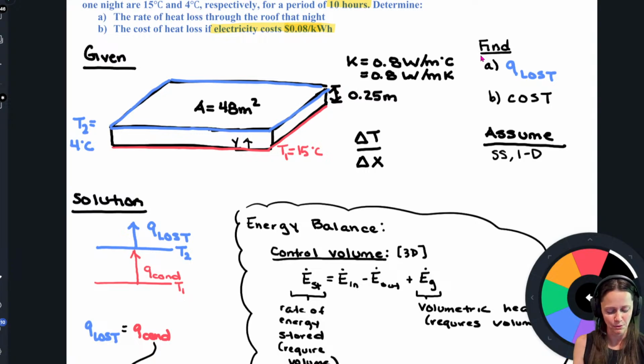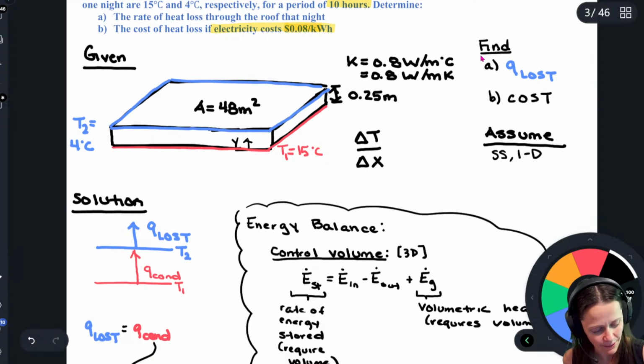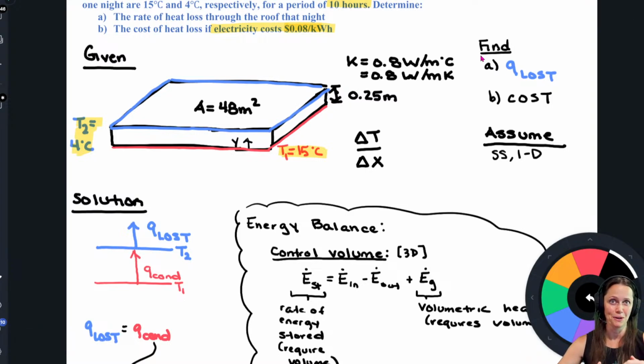If you're looking at the direction of the heat transfer vector, here's the temperature before, here it is after, in the direction in which it flows. So delta T would be the temperature of the isotherm that the heat transfer vector is flowing towards.